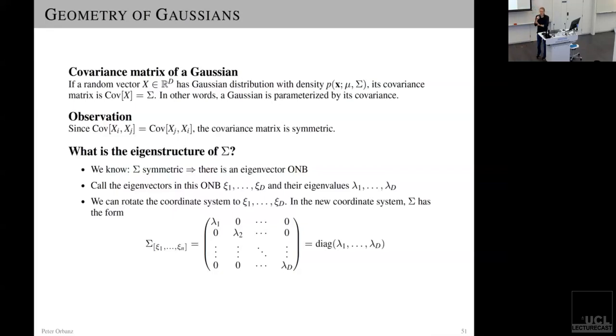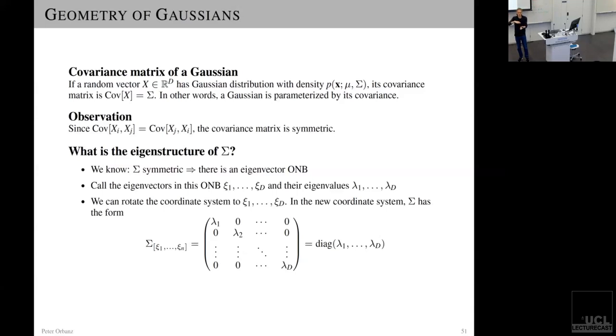First of all, by the definition of the Gaussian, the covariance matrix is strictly positive definite. So that means no eigenvalue is 0. It has full rank. So that means we have a proper orthonormal basis consisting of eigenvectors. And now we can take our coordinate system and change to the coordinate system consisting of the eigenvectors of the Gaussian, right?